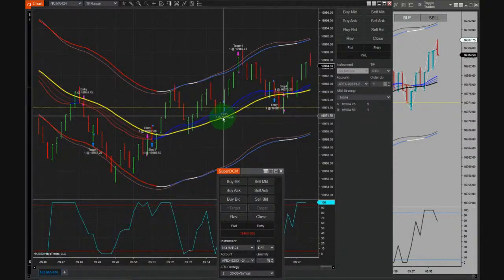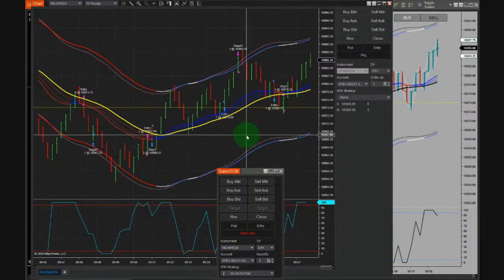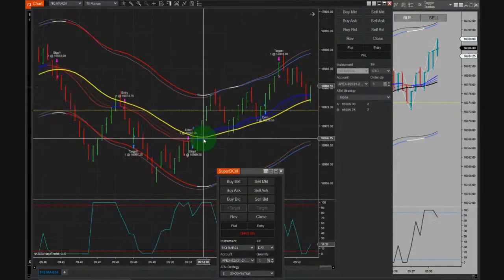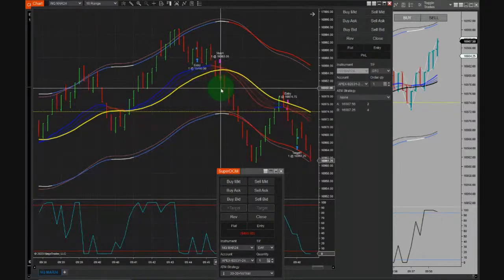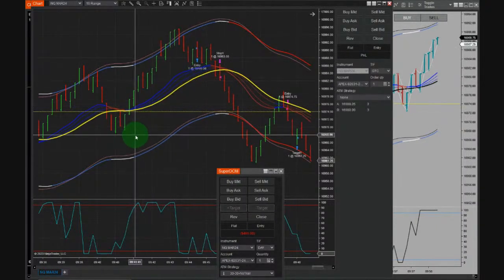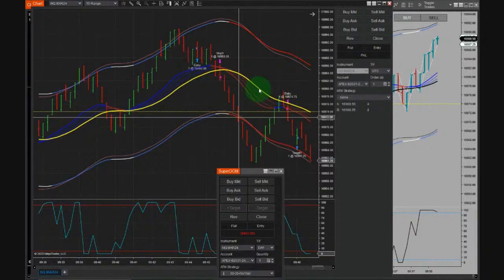You could argue, well, you should have had your stop below this previous low, and you would be right over there. That would have worked out great, but it would not have worked out over here. What if I put my stop below the previous low there? I would have got nailed for a big red.